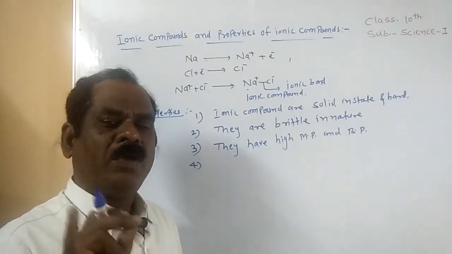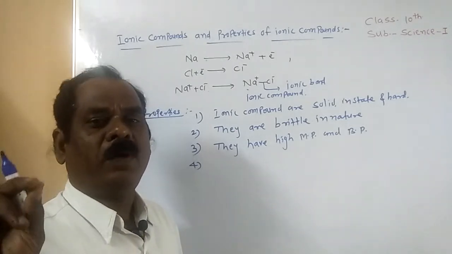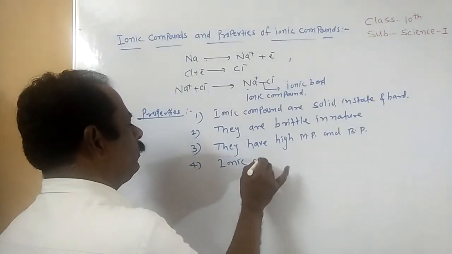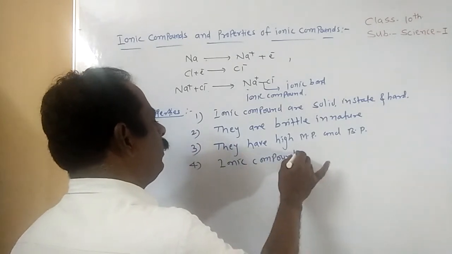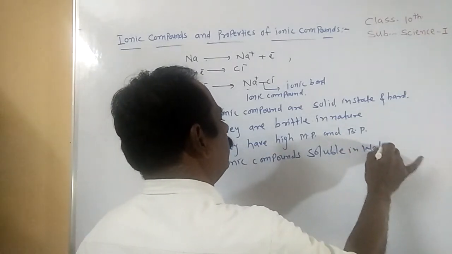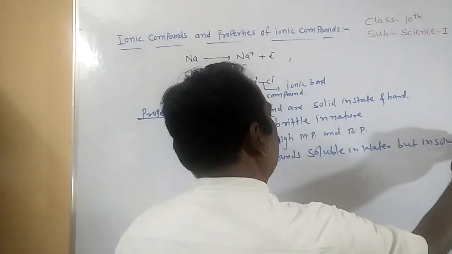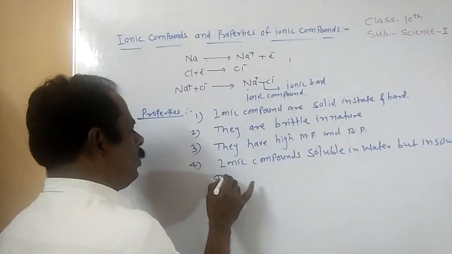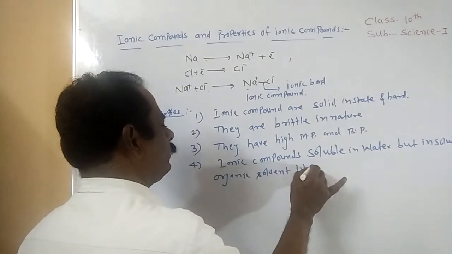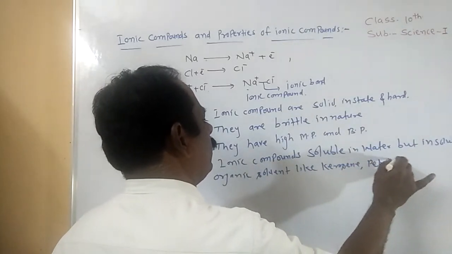It means that ionic compounds are soluble in water but insoluble in organic solvents like kerosene, petrol, etc.